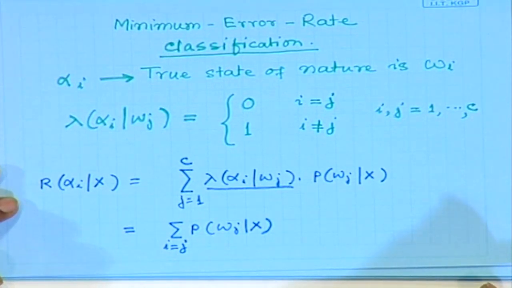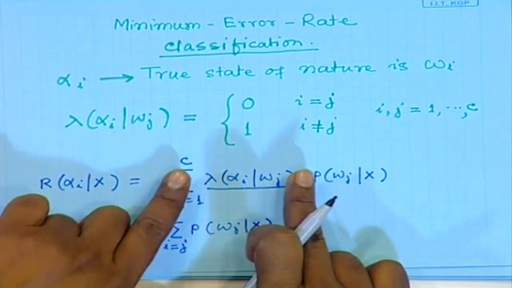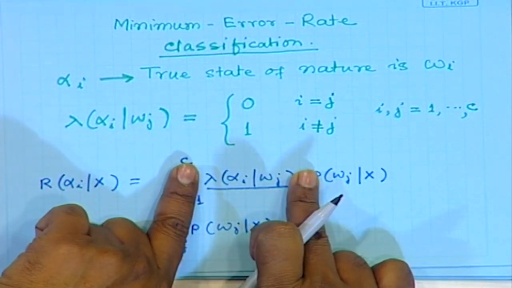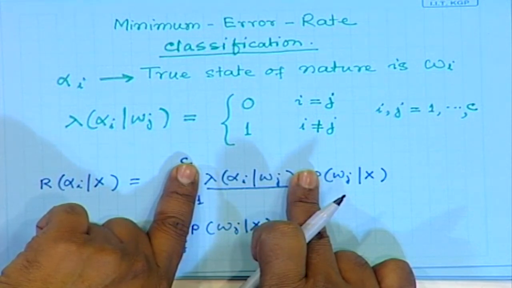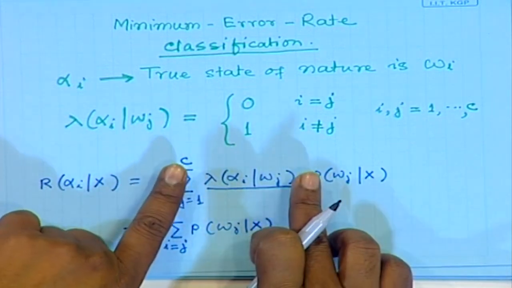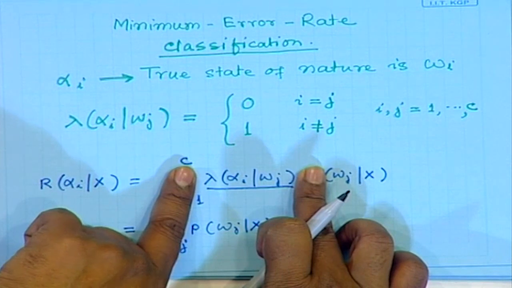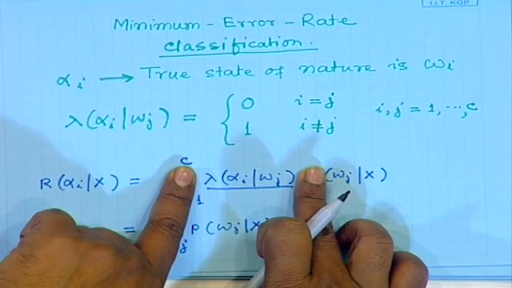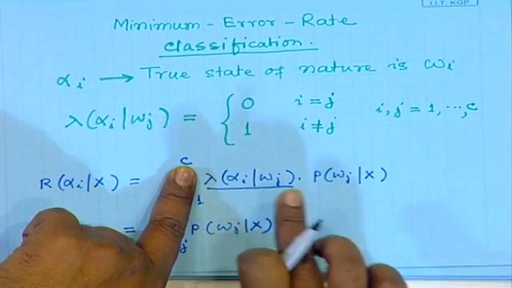Because wherever i was not equal to j, lambda alpha i given omega j is equal to 1, and wherever i was equal to j, this was equal to 0.